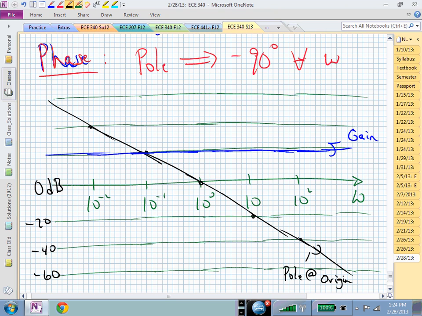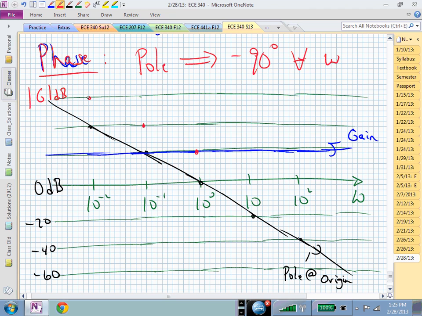And to actually sketch the total magnitude of G in dB, we now need to add these up point for point at all frequencies. Meaning right here we add 0 and 20 to get 20. Then we add the blue 20 and the black 20, and we get 40 at 0.1.